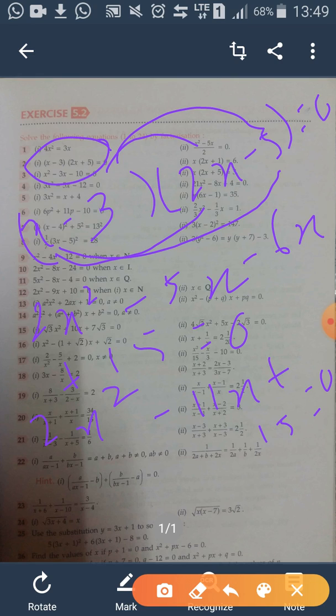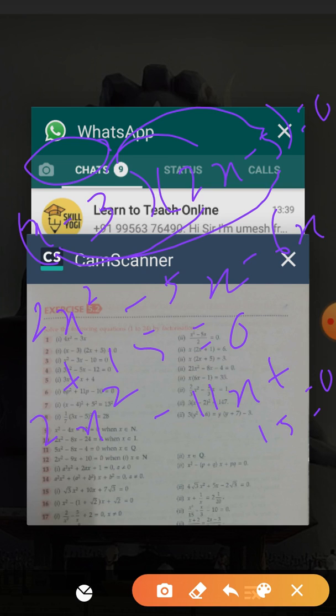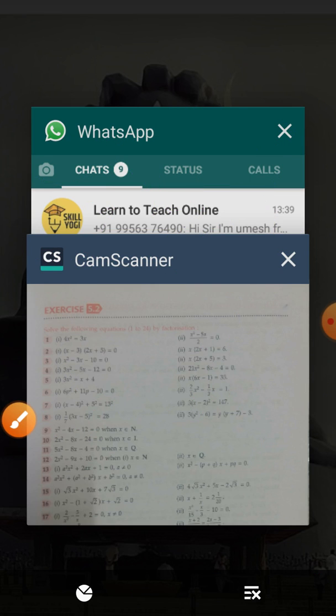Now to solve this quadratic equation, let me write it down on the blackboard. 2x square minus 11x plus 15 is equal to 0.